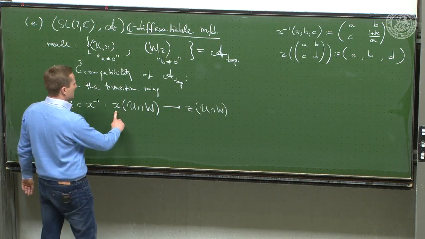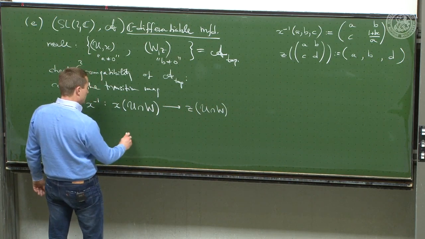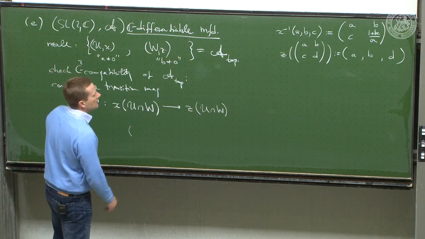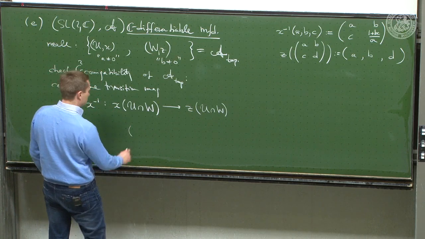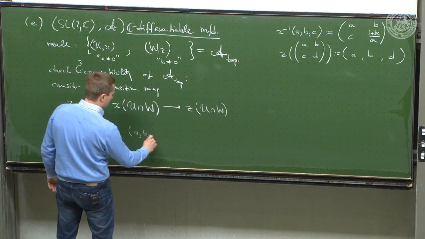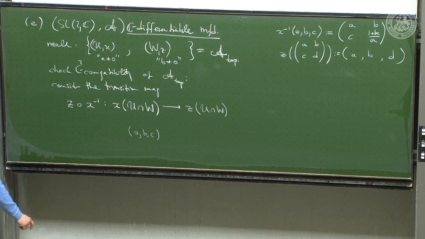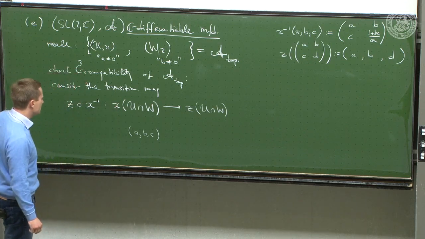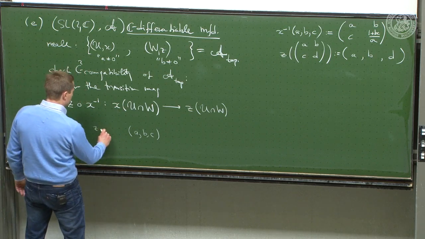Okay, so now we compose these two maps. I start with an arbitrary point, let's call it ABC, in the image of the chart UX, and then we apply to it this transition map.